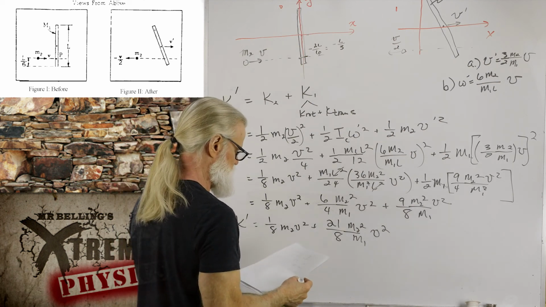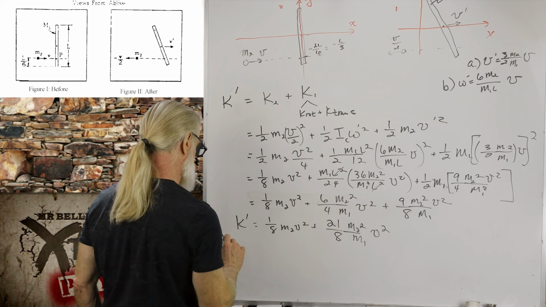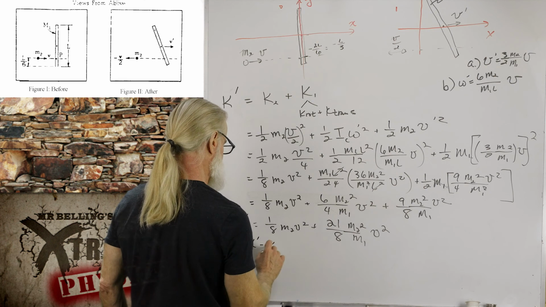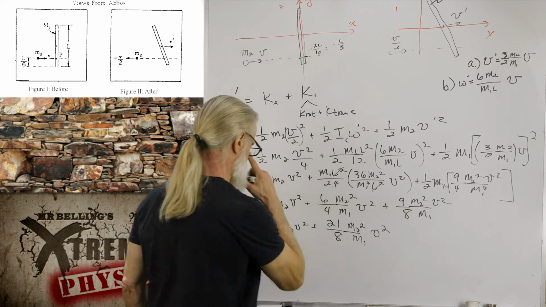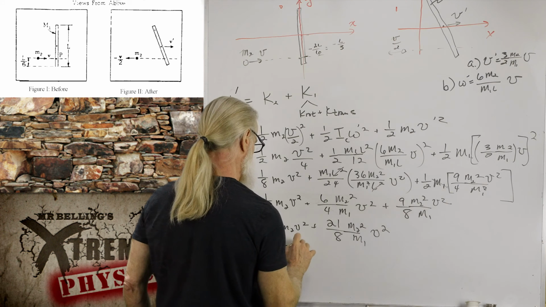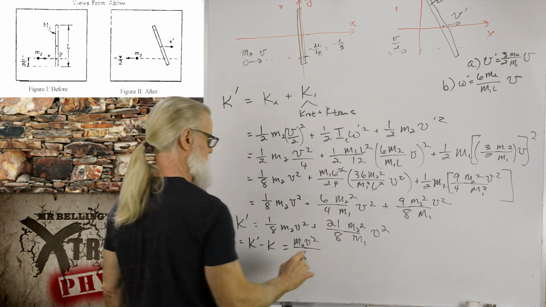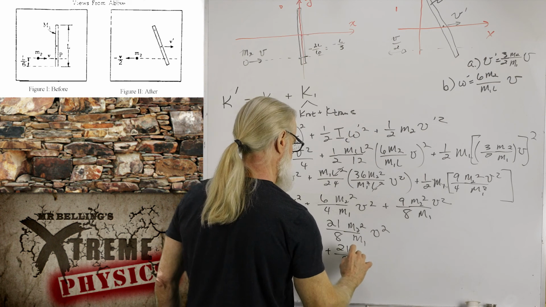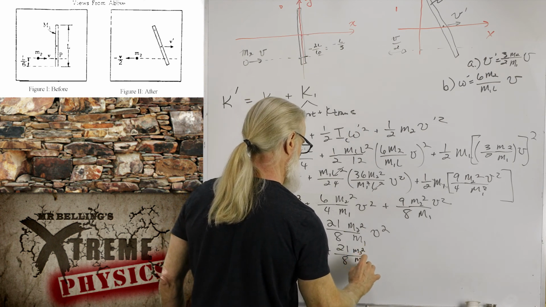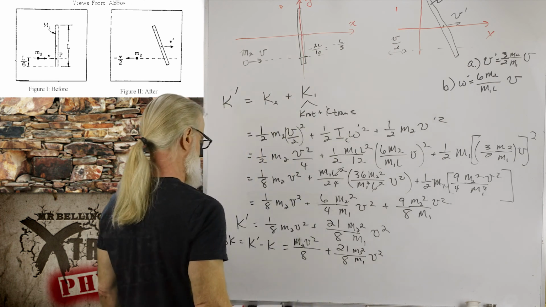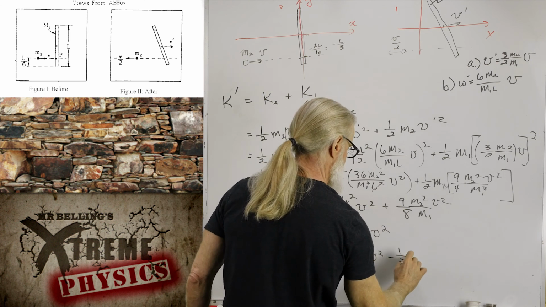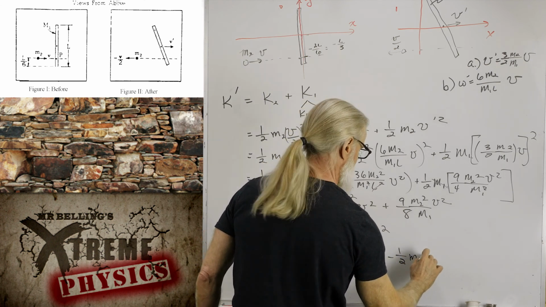So we have delta K, which is going to equal K afterwards minus K initial, which is going to equal, oh, this mess, m2 v squared over 8 plus 21/8 m2 squared over m1 v squared minus the initial kinetic energy, which was just 1/2 m2 v squared.